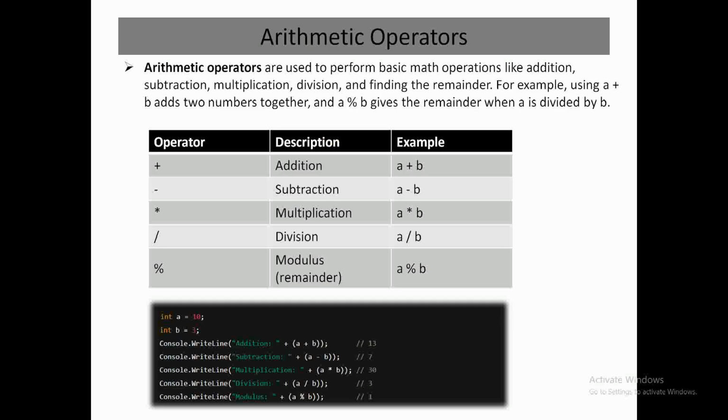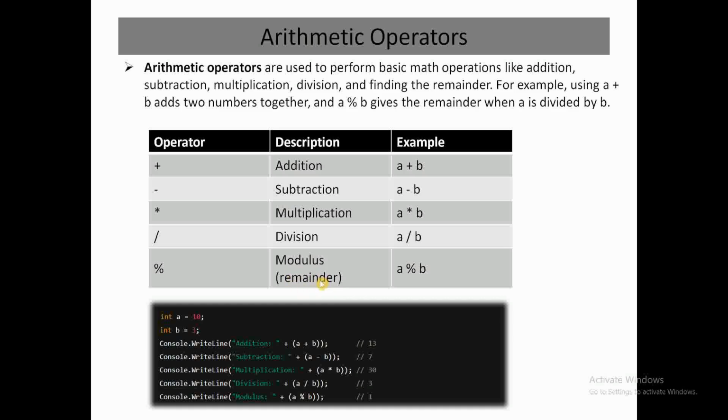These operators are arithmetic operators. So we perform these operations on operands like a plus b, a minus b, a multiply b, a divided by b, a modulus b. So these are the examples and these are the arithmetic operators: plus, minus, multiplication, division, modulus.